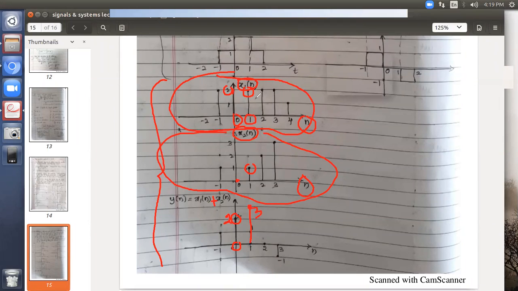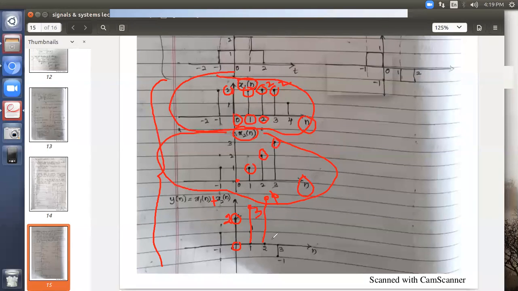Then take the time 2. The value here is 2, and here it is also 2. So 2 plus 2, somewhere here it will extend to 4. Then at 3, the amplitude is 2, and here it is 3.